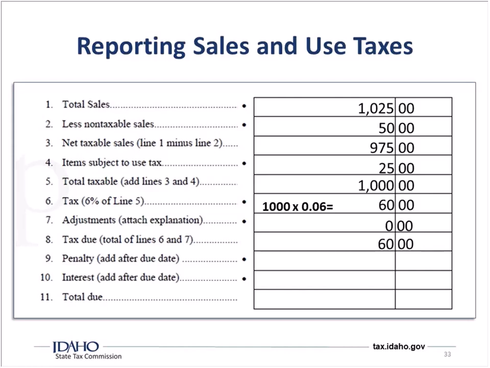Now, if you file late, penalty and interest may apply. We suggest that you file the return without including any P and I, and then let us calculate it for you. And it's because we have a tendency to round down, or some software has a tendency to round up. So if we haven't told you that you owe penalty and interest, don't include it here.